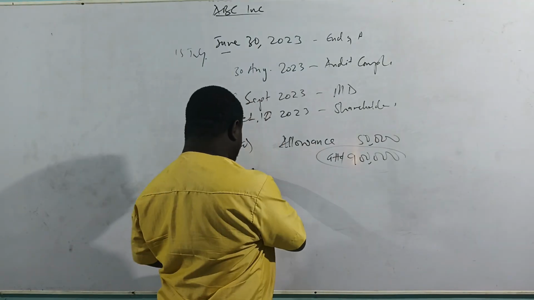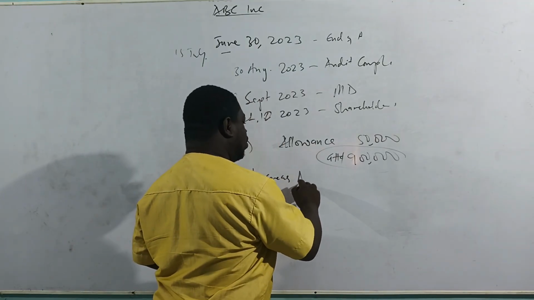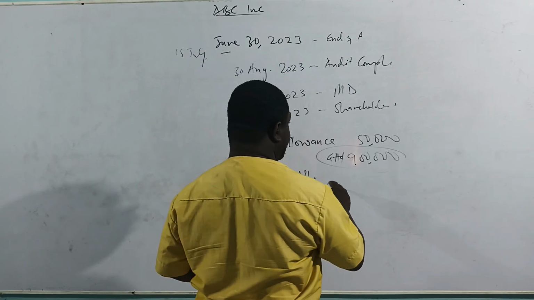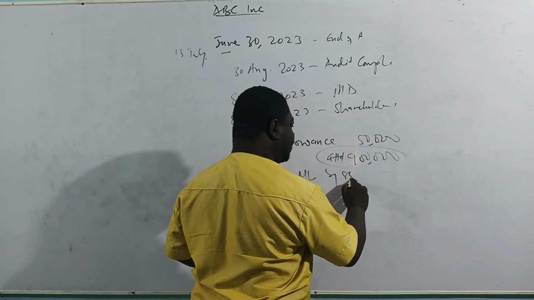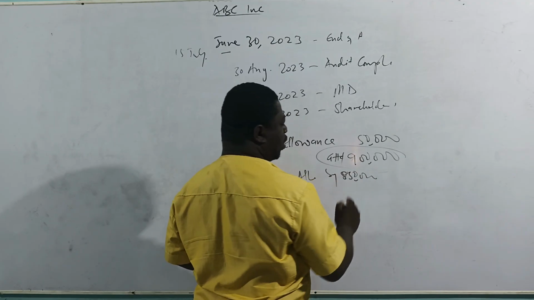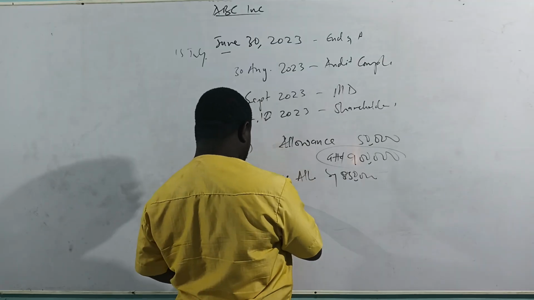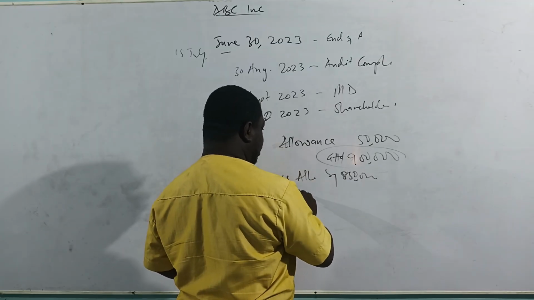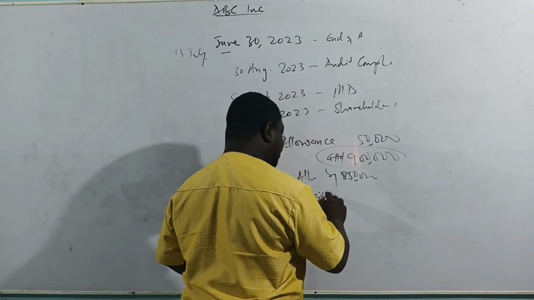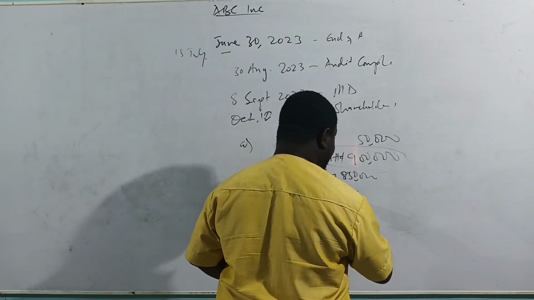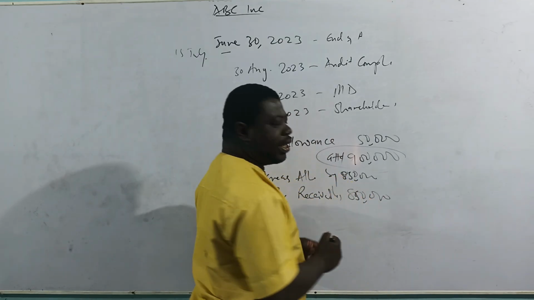In other words, you are going to increase your allowance for doubtful debt by 850,000, which is the difference. And then you reduce the receivables figure in the statement of financial position by the same 850,000. So that is what you need to do.